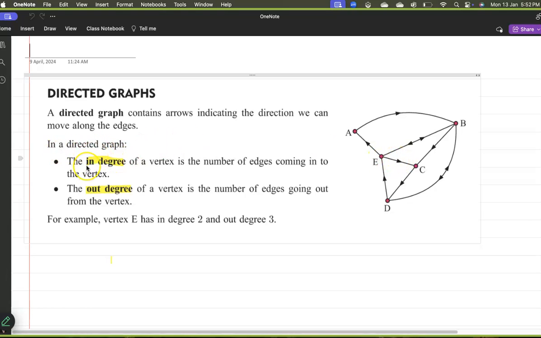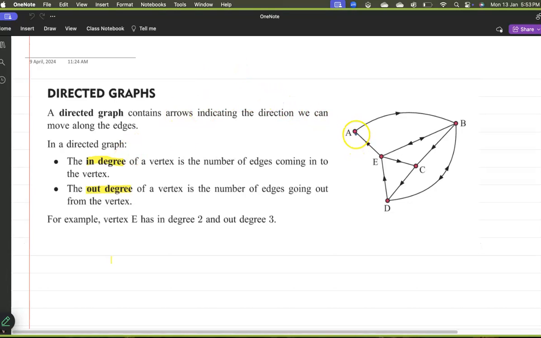In a directed graph, the in degree of a vertex is the number of edges coming into the vertex. So what is the in degree of A? The number of edges coming into the vertex.